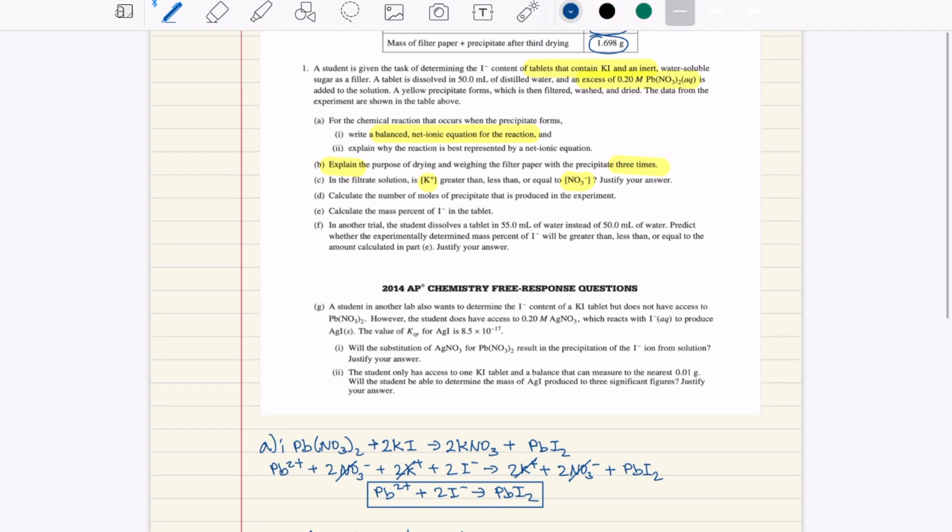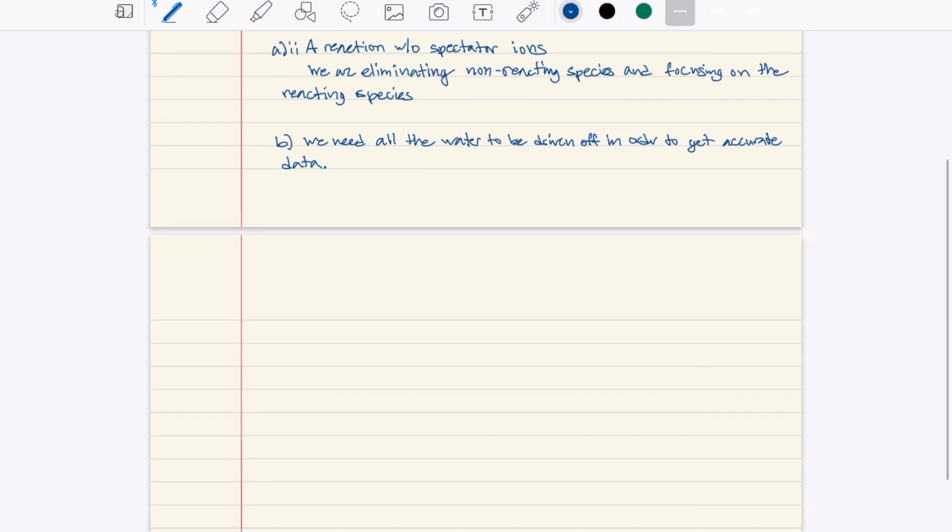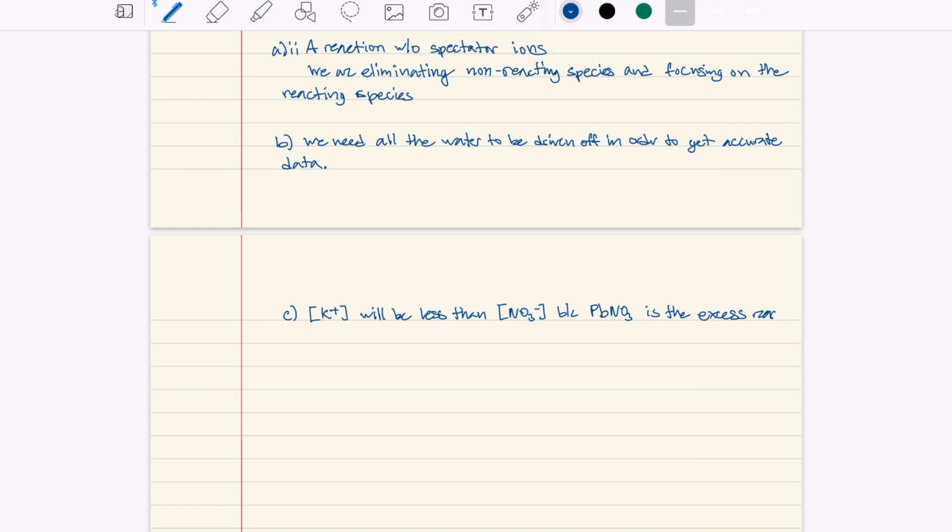So to answer this question, all we need to say is that the concentration of K+ will be less than the concentration of NO3 minus, because Pb(NO3)2 is the excess reactant.